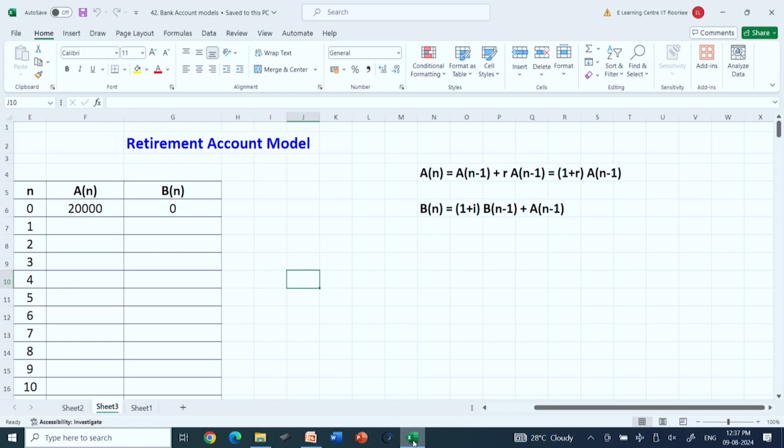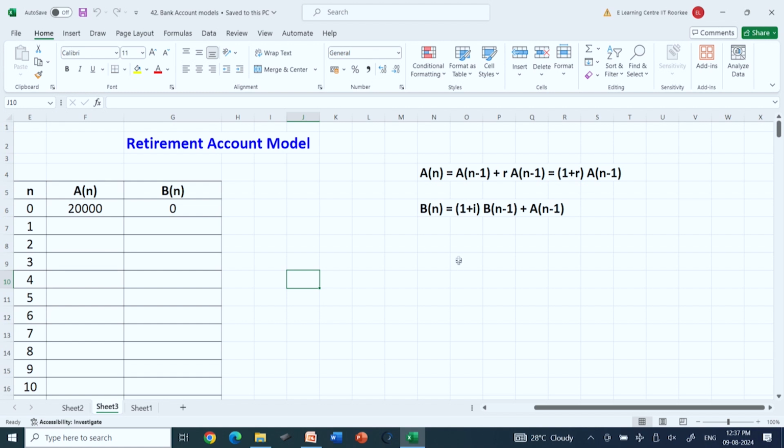Let us now check this result numerically. I already have the model here in the form of basic equations, which is An equal to (1+r) into An minus 1, and Bn equal to (1+i) Bn minus 1 plus An minus 1. The initial condition is there is no balance, which is 0. This value is 20,000 with which he starts.